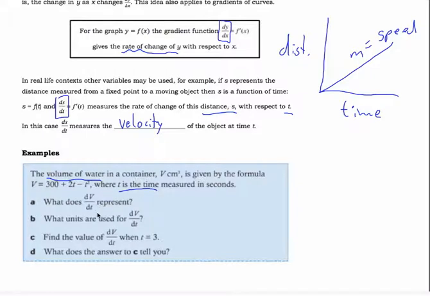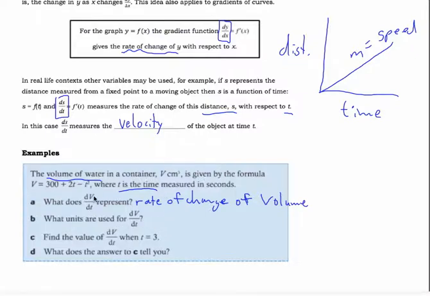So when we get dv by dt, what we're getting is the rate of change of volume. So how fast is the water entering or exiting the tank or whatever. This is like the speed of the flow of the water in the tank. What units are used for dv by dt?